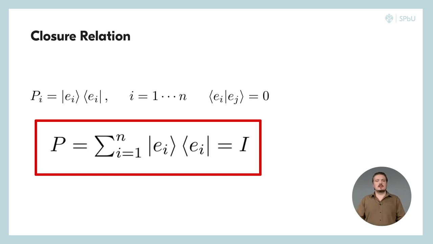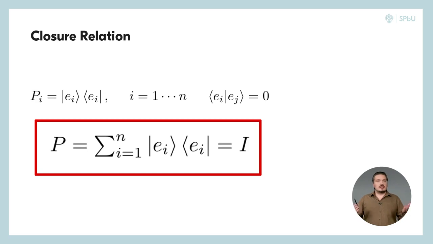Thus, it is the identity operator. This relation, which associates the sum of projections to the orthonormal basis and identity, is called the closure relation, and is very useful for theorem proving, since it allows us to substitute identity by the sum of projections at any place of any formula which involves operators.